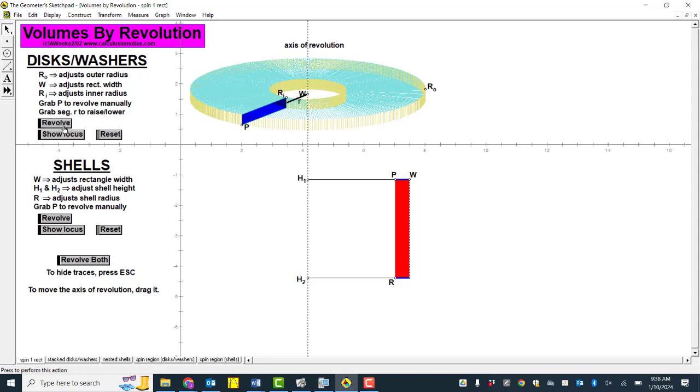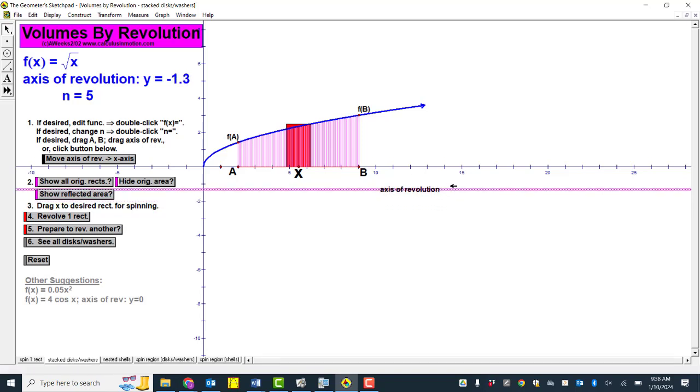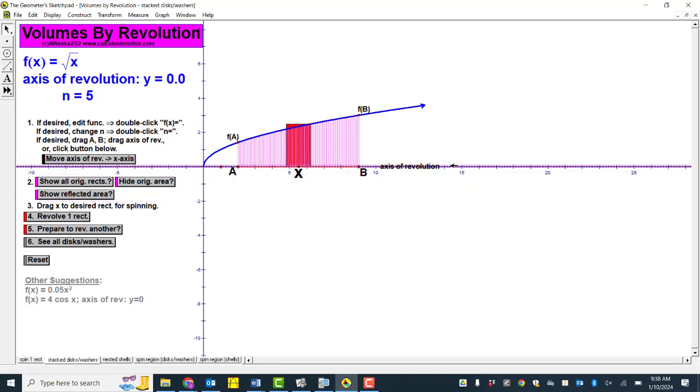So let's actually look at what that looks like here. All right, so here's this function. We'll say the axis of revolution will move up to the x-axis just for right now. We're taking that area right there. We have all these little rectangles that are infinitely small that we're revolving.